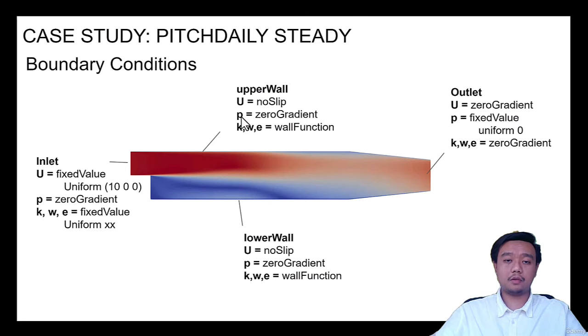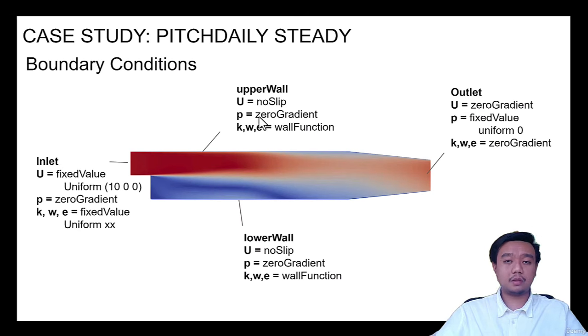And for the walls, we use the no slip condition for U, so it means that we specify the velocity 0 on the wall. Actually, we can also use the uniform value of 0, 0, 0 instead of no slip, because they are interchangeable.